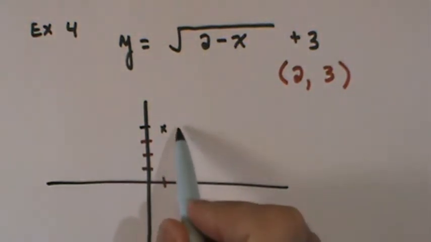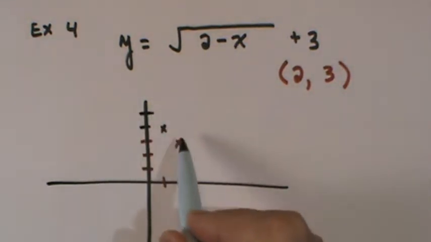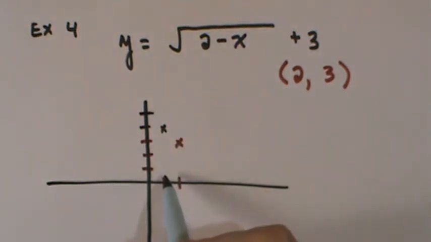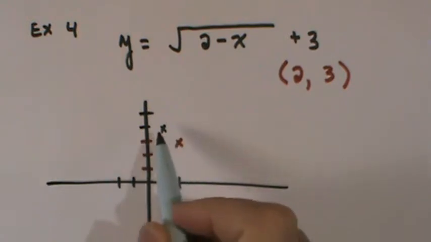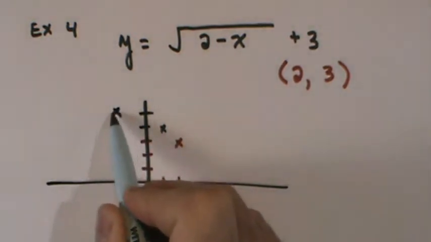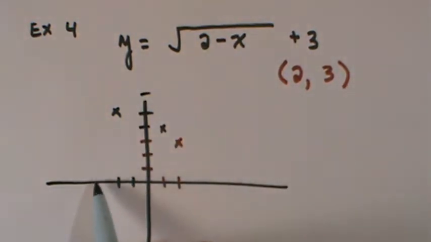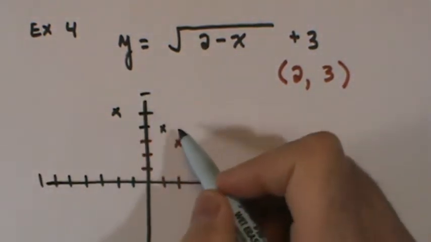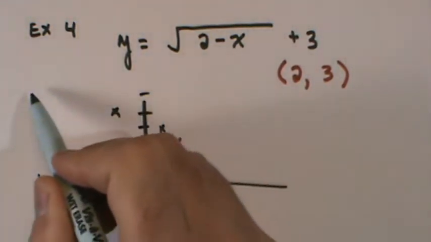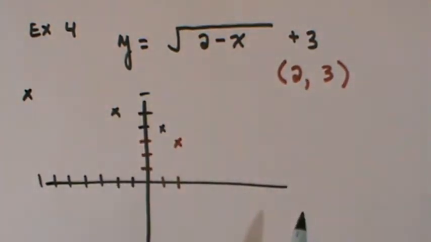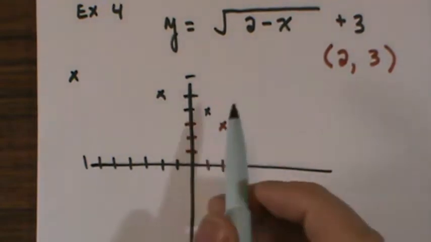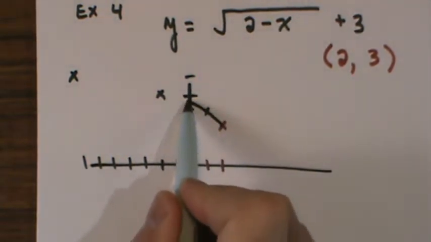Then I can go up 2, and this should be left 4 units from that vertex. So that would be here. And I'll go ahead and try to squeeze another one on there. So this would be 5, 6, 7, 8, 9. I go up 3 units and left 9. And now I'm simply going to connect those points.